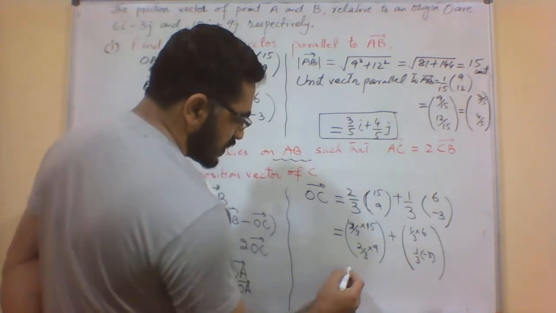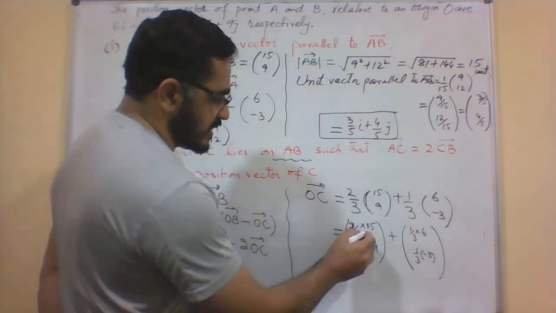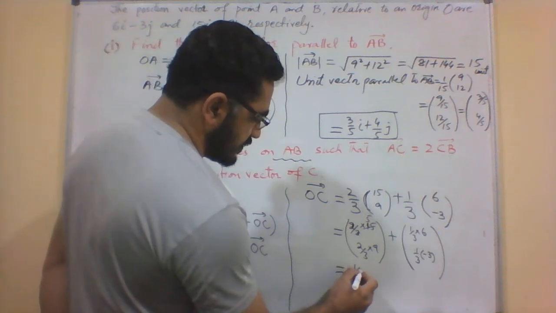The 3 cancels with 15: 5 3s are 15 and 5 2s are 10.